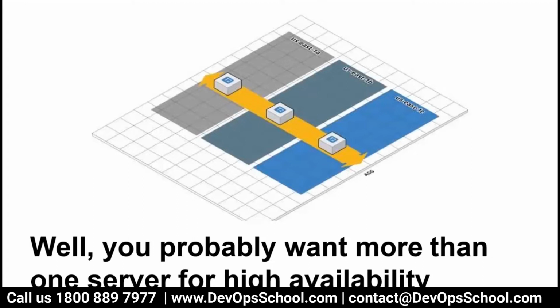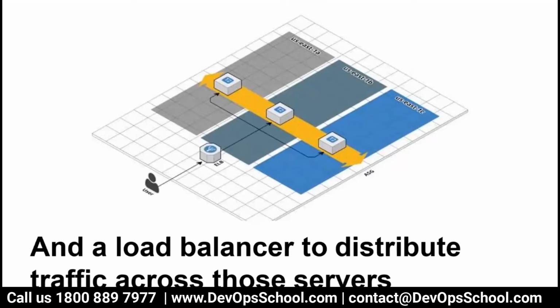One server is set up manually, but you want to set up more than one server for high availability. I'm talking about right now, probably you're doing this manually. So you set up more than one server for high availability, and you did that.